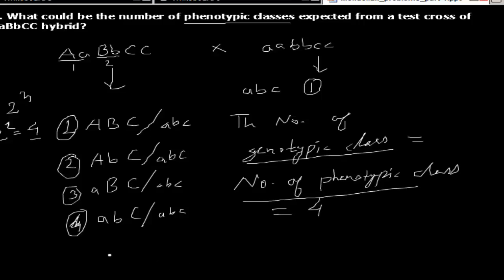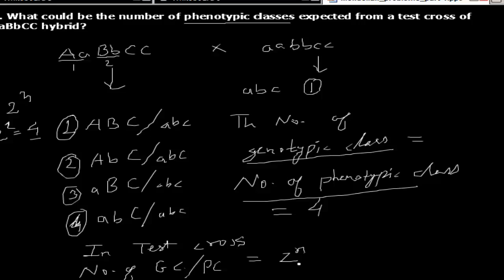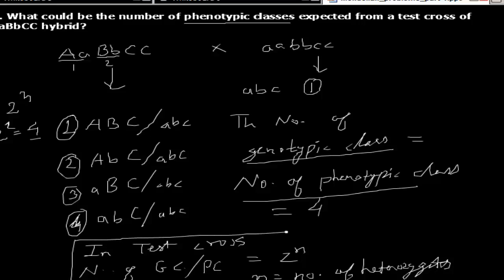Or we can also write down that in a test cross, the number of genotypic classes or phenotypic classes is equal to 2 to the power n, where n is equal to the number of heterozygotes. So this is the formula we can use for quick calculations.